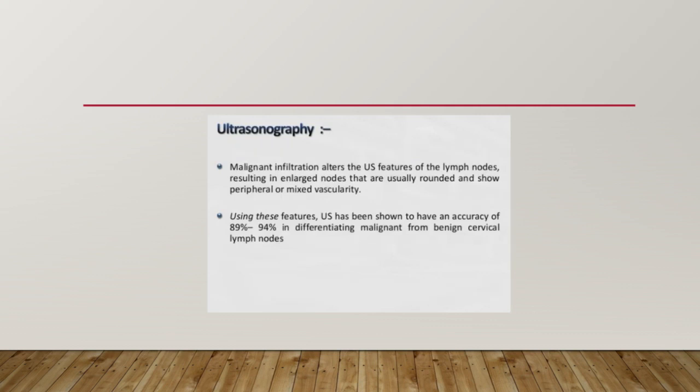Whereas in malignant infiltration of the lymph nodes, the size is enlarged and the shape is usually round, and there will be increased vascularity within or around the lymph nodes.